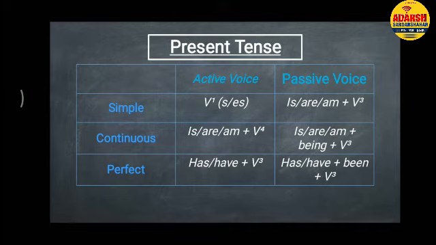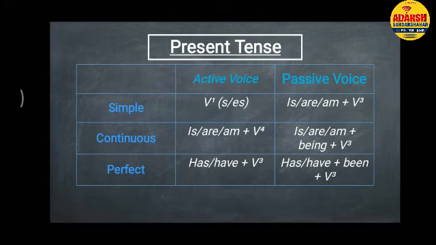It will convert in passive as is, am, are plus verb's third form. In continuous, is, am, are plus verb's fourth form in active, while in passive it is is, am, are plus being plus verb's third form. In present perfect tense, has, have plus verb's third form in active, while in passive it is has, have plus been plus verb's third form.